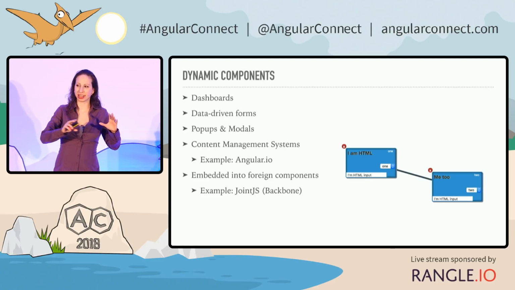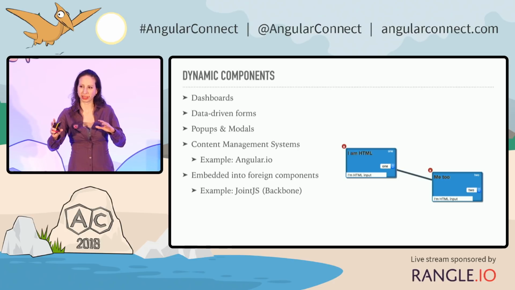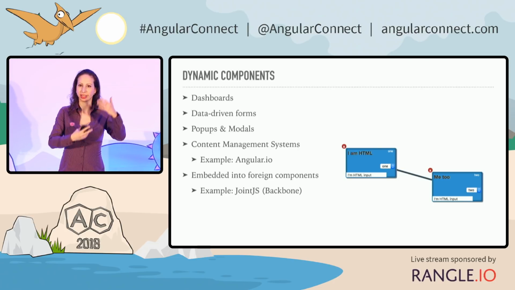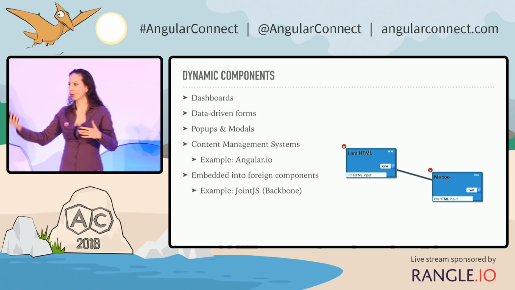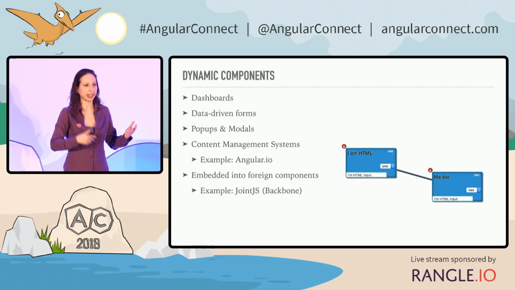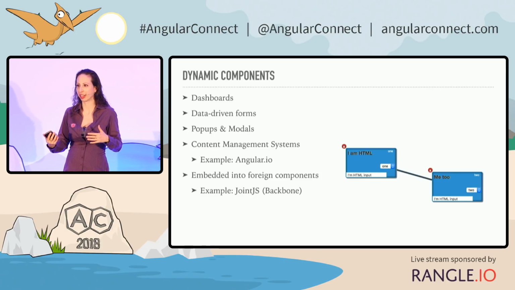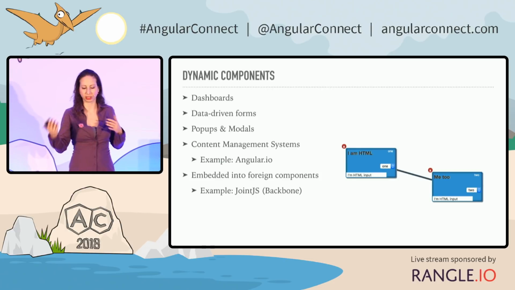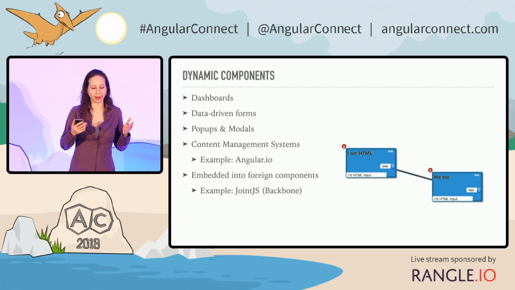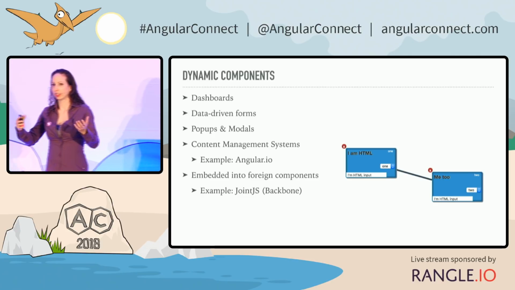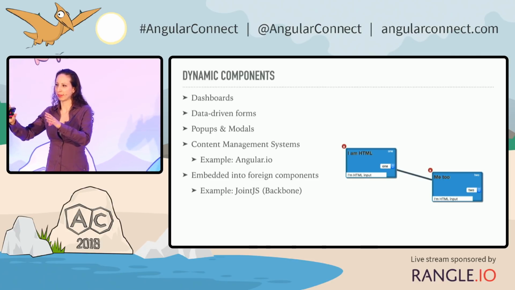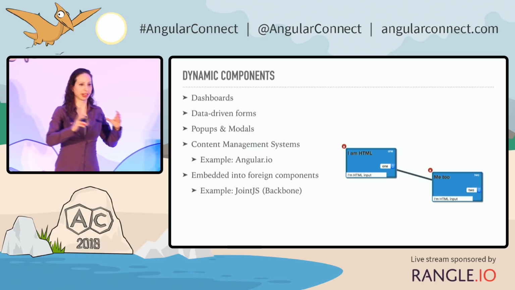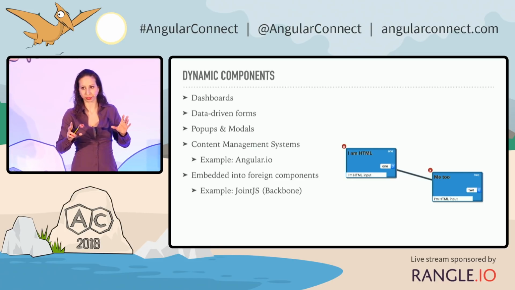The use case that we had, we wanted to have note components in the diagram, where the note itself is an Angular component, where you can have the text, who has written this note, when, and you can also do some actions on this note, like change it or assign it to someone, and so on. In this framework, called Joint.js, they allow us to create HTML snippets and put them on their SVG elements.